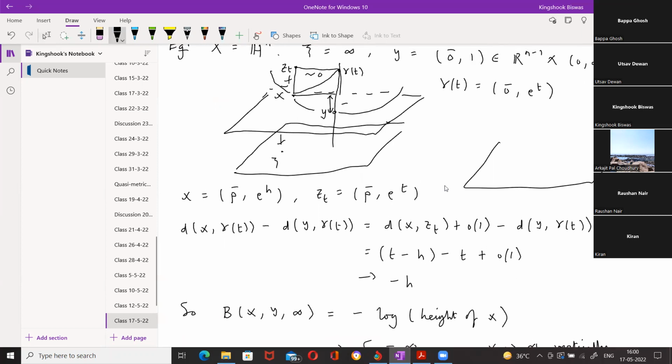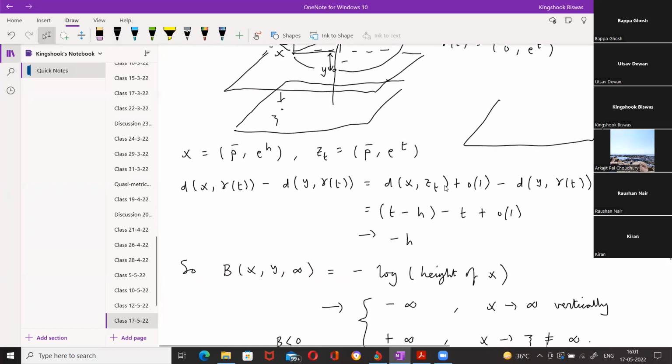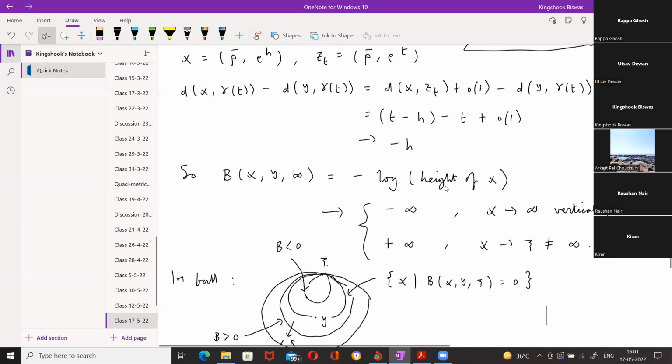If we start out with 2 points on the same horosphere and we take the geodesic rays going to the same boundary point, which is infinity, the base of the horosphere, then the distance between them, we saw, goes to 0 exponentially. The same thing is happening in any CAT(-1) space. Is it clear now? Yes, sir.